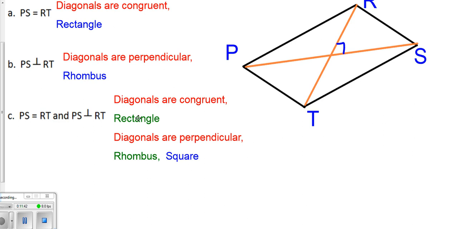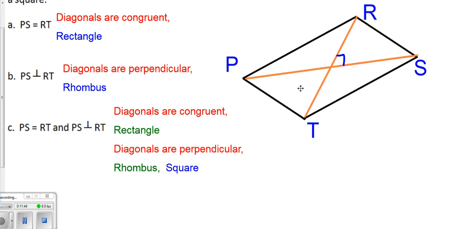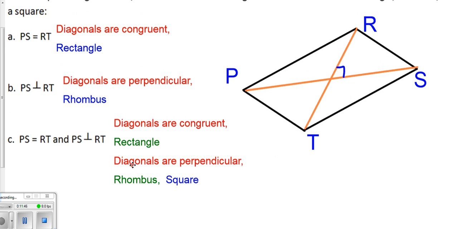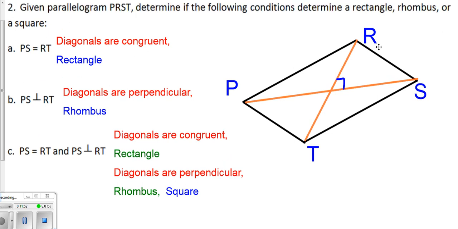One tells us it's a rectangle, one tells us it's a rhombus. If this figure is both a rhombus and a rectangle, then it has to be a square. We've proven that this has to be a square because the diagonals are congruent to each other and the diagonals are perpendicular to each other. So it has to be a square.